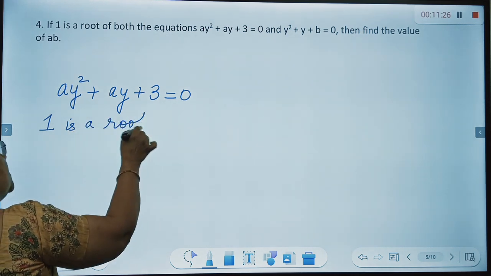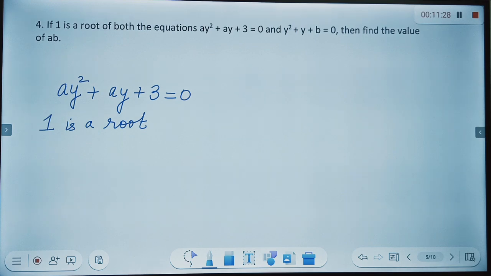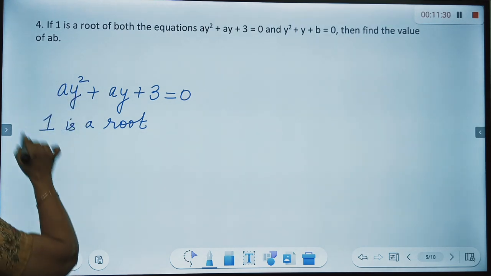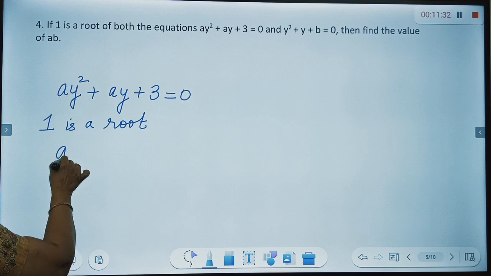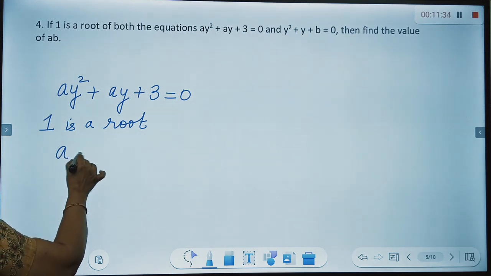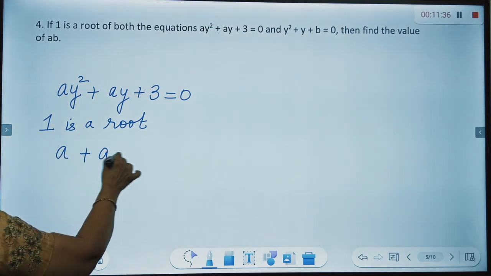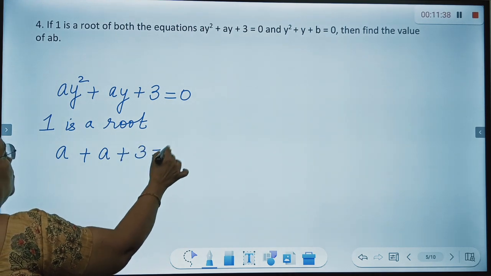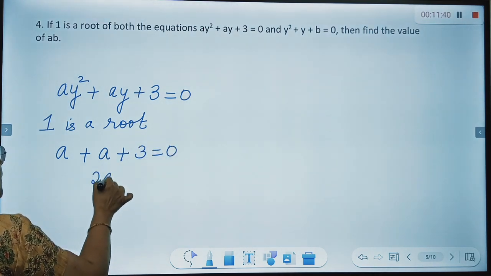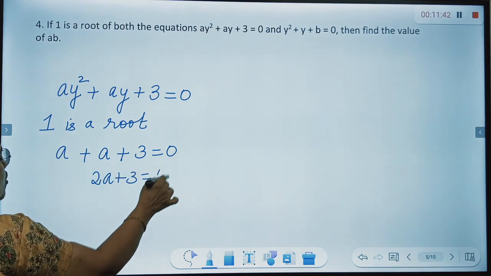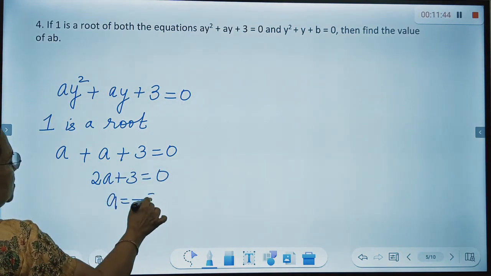Root is the same as saying it's a solution of the equation. So replace y by 1. So I will get a into 1 square plus a into 1 plus 3 equal to 0. So 2a plus 3 is 0. Therefore a equal to minus 3 by 2.